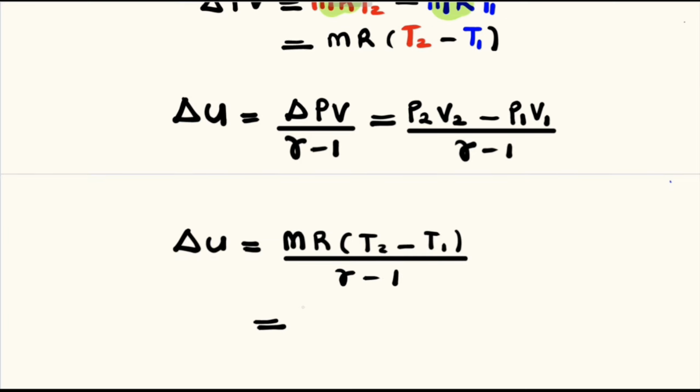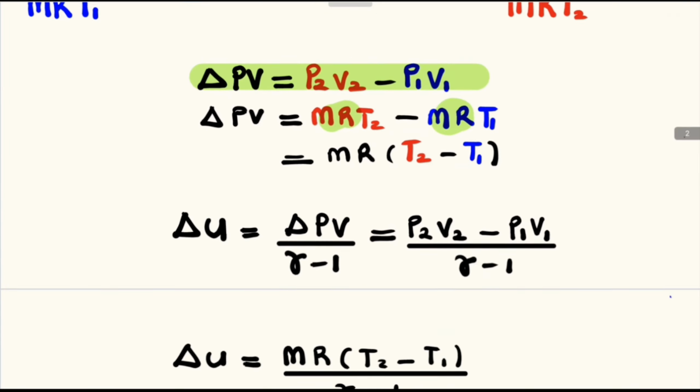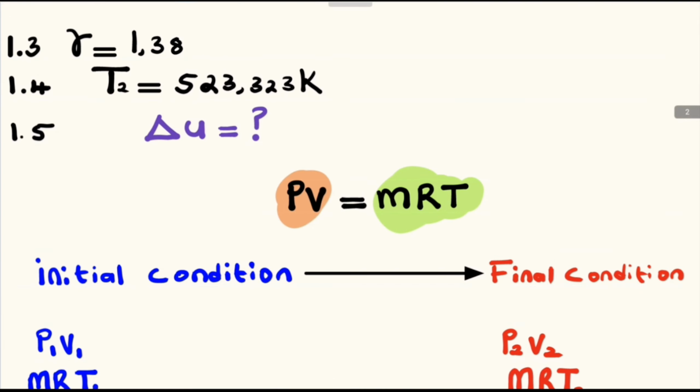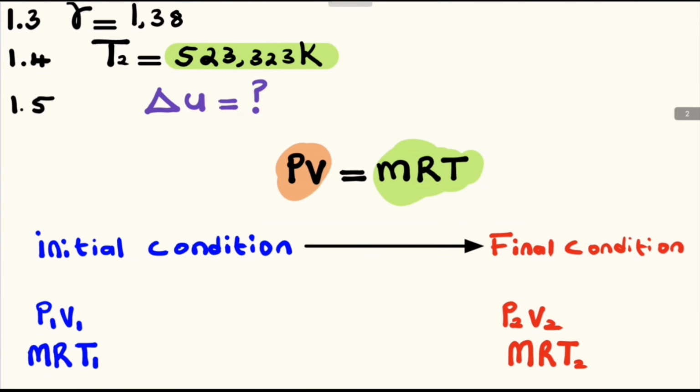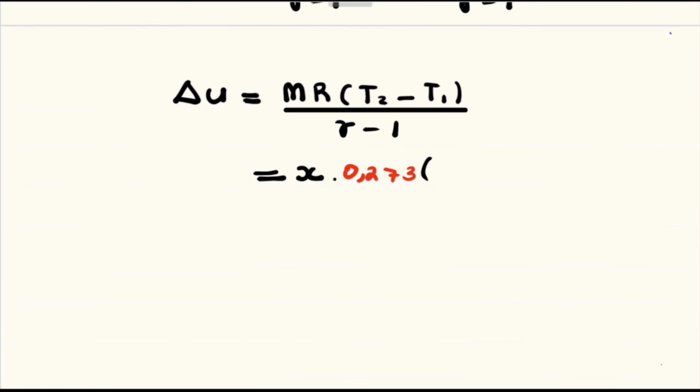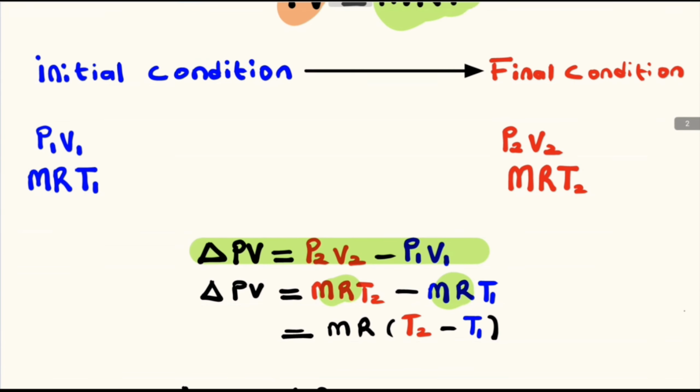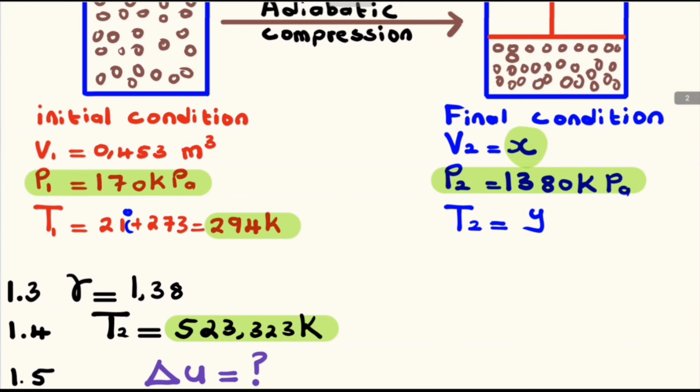And this will be equal, so it's either we go with P2 V2 minus P1 V1 or MR into T2 minus T1. So let's go with the MR, where we substitute our mass for X, and our R is 0,273 from 1.1, and our temperature number 2 was equal to 523,323. So we have 523,323 for temperature number 2 minus temperature number 1, which was equal to 294 kelvins.